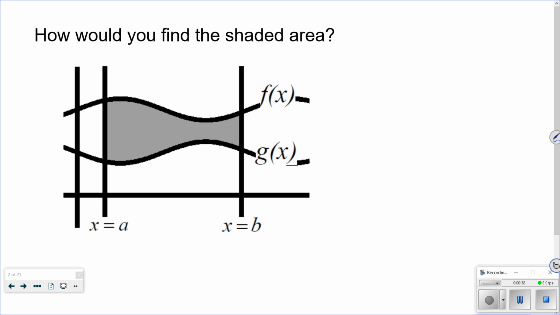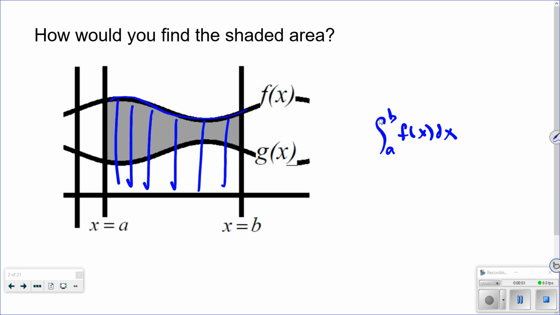So if you look at this, if I found the definite integral from a to b of f of x, that would be the area under that curve, the area I'm shading in blue all the way across. And then if I took the area under g of x, think about that area going that way.